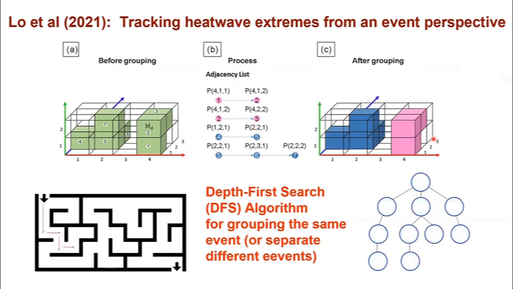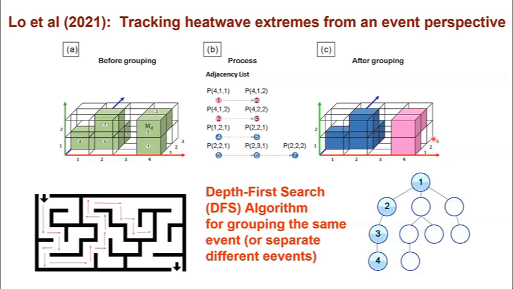Then the second thing is, as I said, you have to have an algorithm to find the connection. You can find many mathematical algorithms for this type of thing. The one that we use is the so-called depth first search algorithm. In this way, you can use the algorithm to separate different events or group the same event.